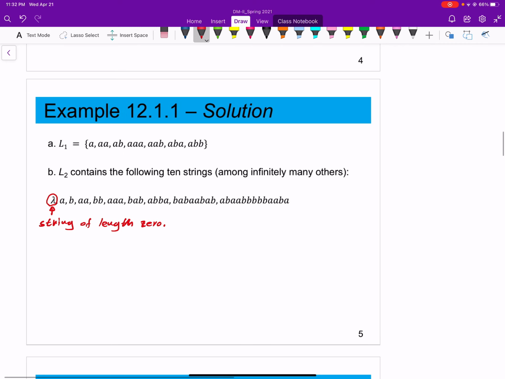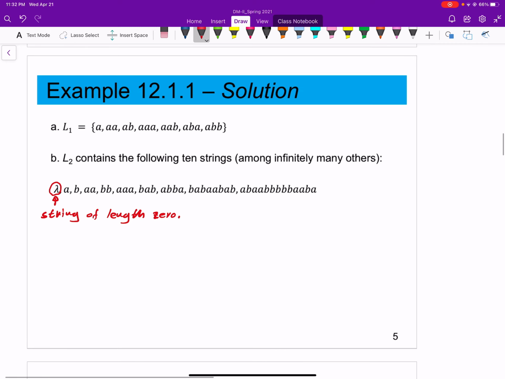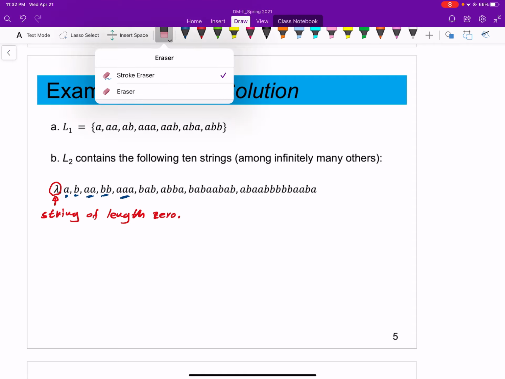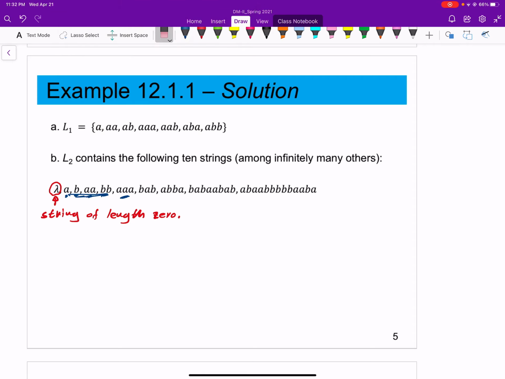All right, so then I have A. If you reverse it, since it's a single element, you get the same element. And AA, if you reverse that will be AA. BB, it will be BB. AAA, if you reverse them again, it's AAA. Like that, there are 10 elements. All these are palindromes.